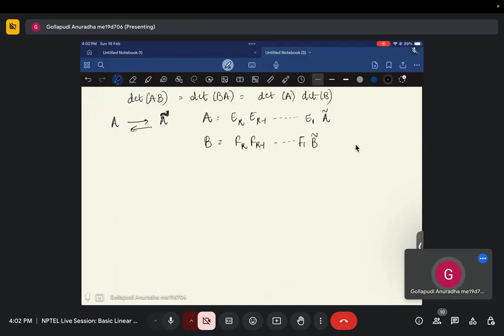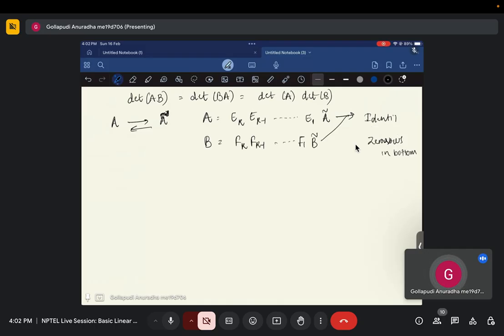Now there are only two possibilities, right? If A is invertible, then the reduced form can be the identity matrix. Both of these, they either can be an identity matrix or a matrix with some 0 rows. First let's consider this case.